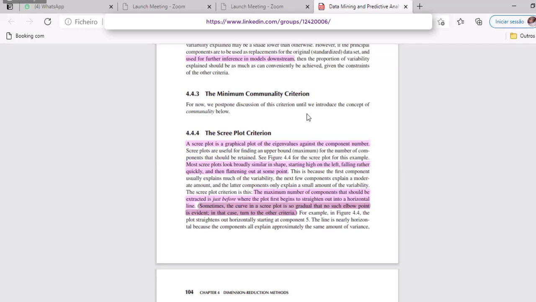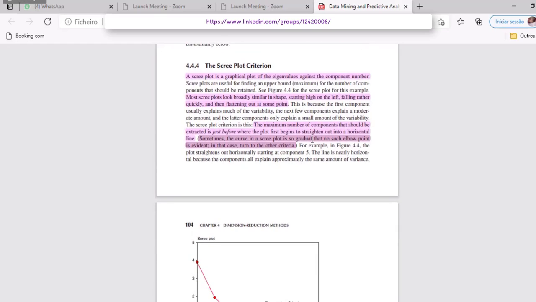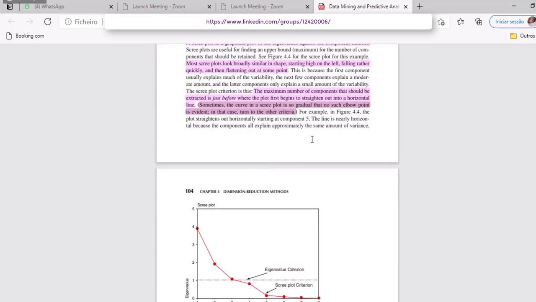The minimum communality criterion is put here in between of these two criteria, but it's going to be explained later because it's based on a different calculation. And the scree plot is very intuitive, and it's also given to us directly by SAS. It is a graph that has the eigenvalue on the y-axis and the component number on the x-axis.